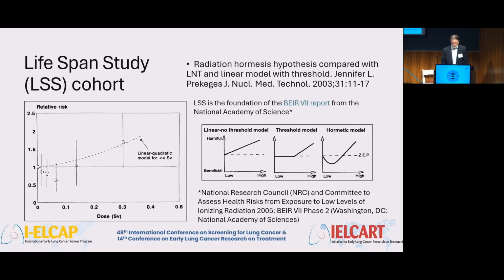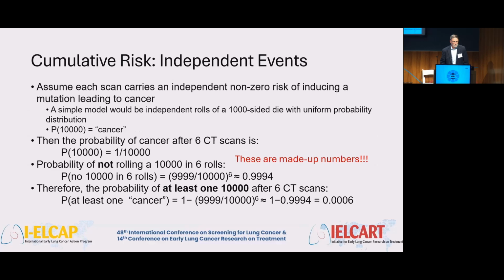And just to make the point, here is actual data from the low dose components of that study. You can see the error bars, and you can also see that there's this potential, what's called hormesis. So there's various models that take into account the potential of actual positive health effects due to low dose radiation, or a threshold model that would take into account DNA repair. So it's a very controversial topic.